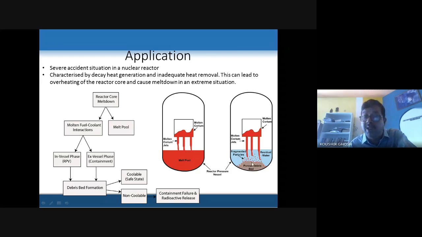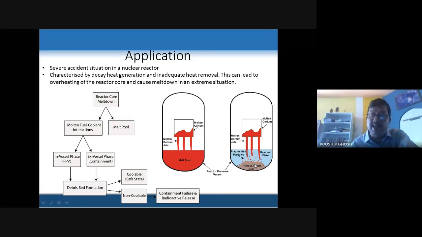We need to cool this. If we don't cool it, it will keep on generating heat and it may undergo remelting under critical heat flux condition. And if it undergoes remelting, it may penetrate the floor, and there may be a release of radioactivity. So we need to cool this porous bed, which is called the debris bed.